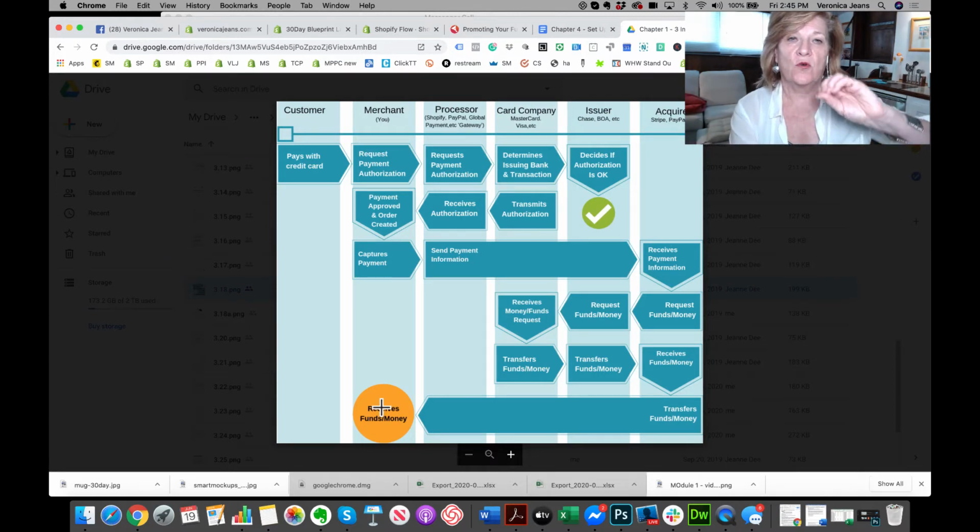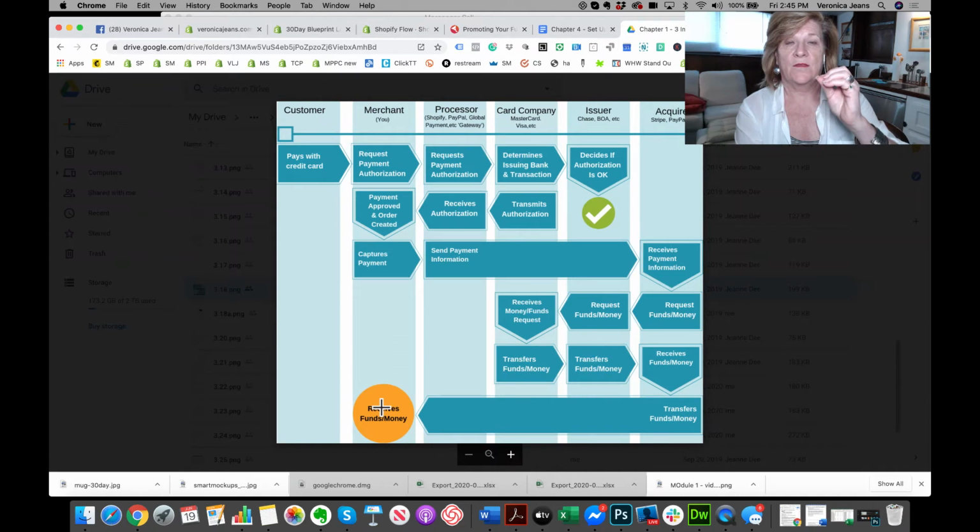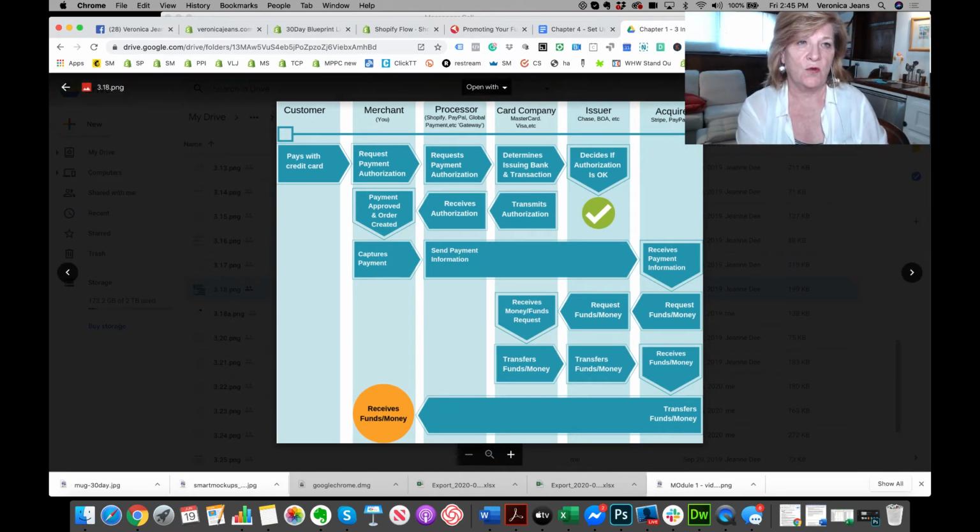It is all the checks and balances that go through every single process to make sure that this is a legit credit card being used, the customer is legitimate, the acquirer, the bank. You want all this process behind you, because you know that there are possibilities of fraud.